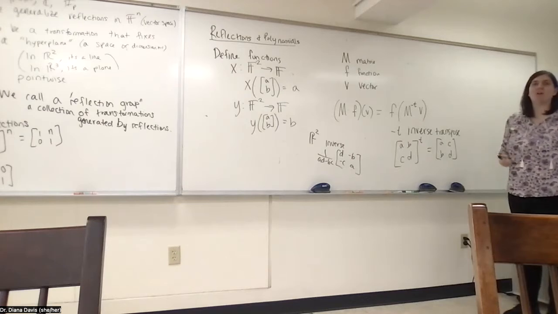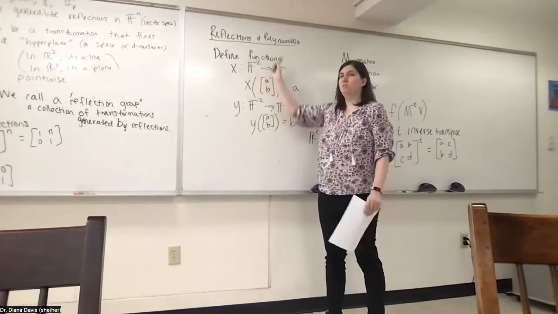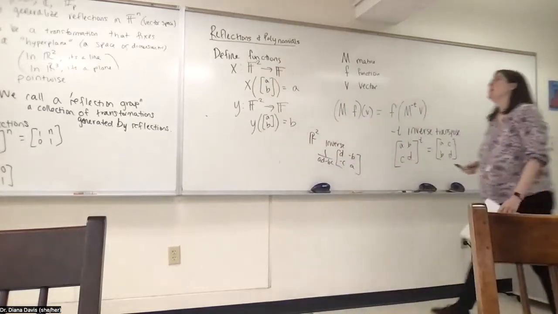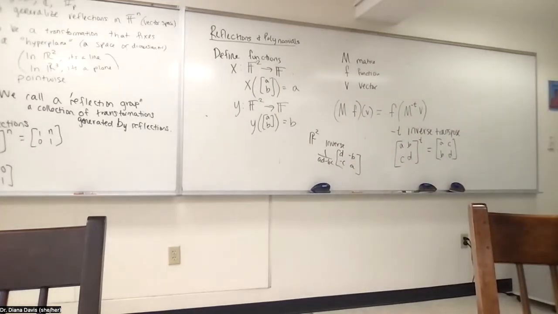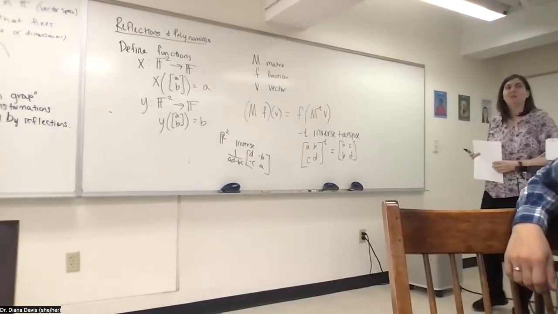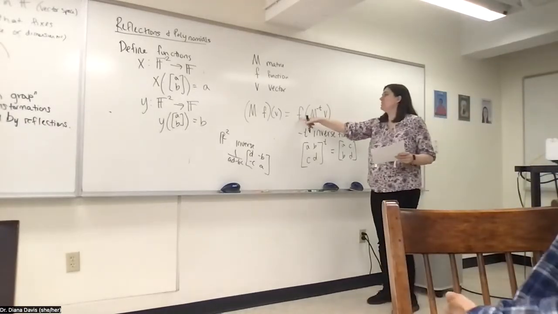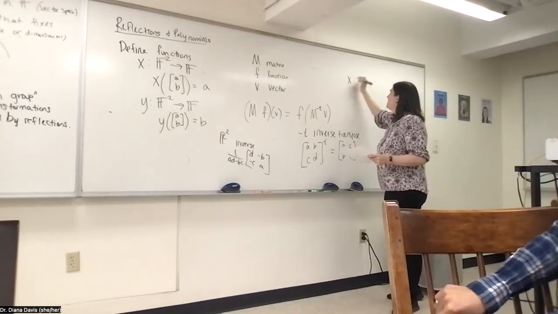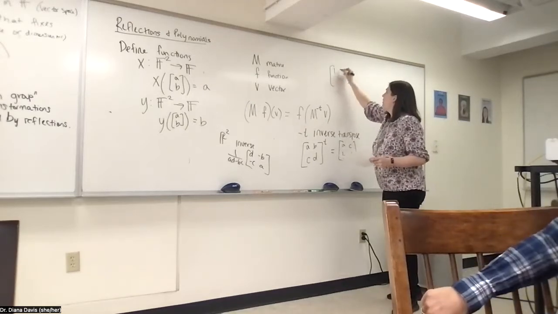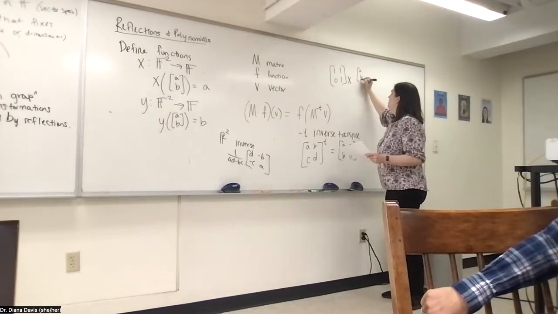Yes, we're going to be working only with square matrices, because the reflections are transformations of it, so they need to be square to have inverses. So what does this mean? Well, let's say we have x, and we're going to act on it by 1, 1, 0, 1, and we're going to feed it the vector A, B.